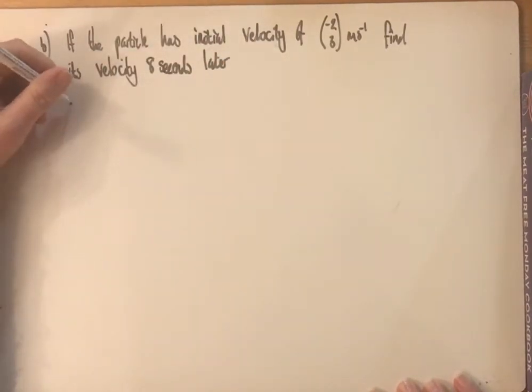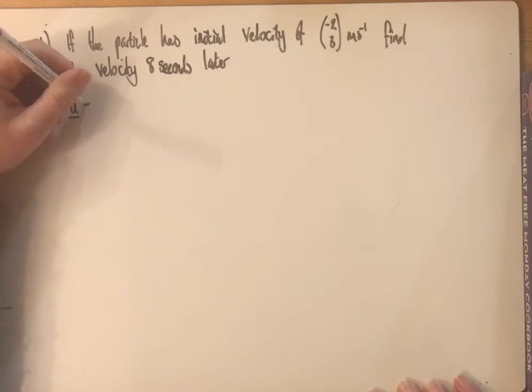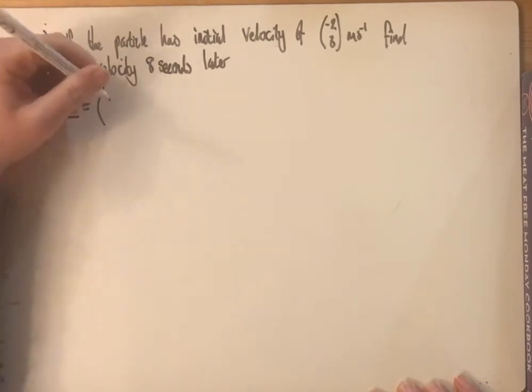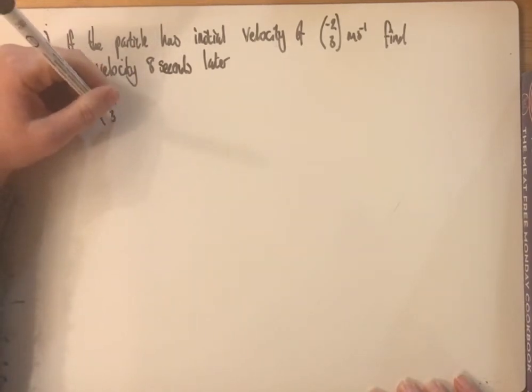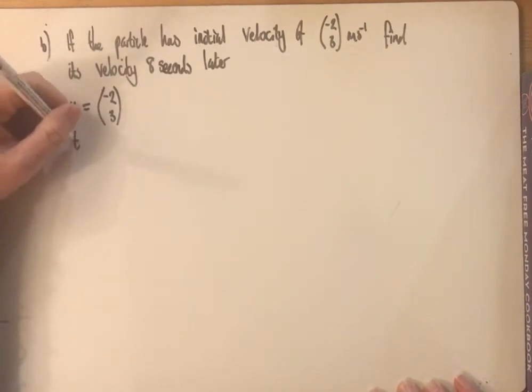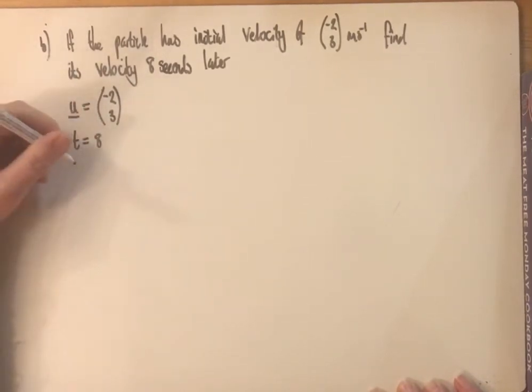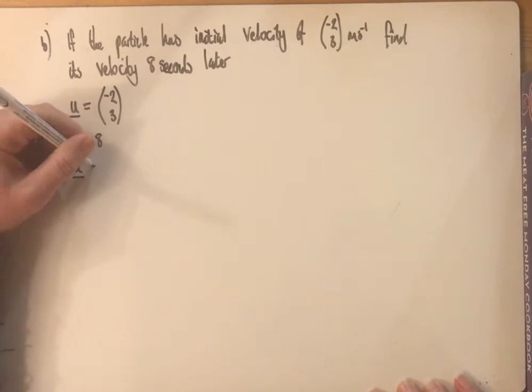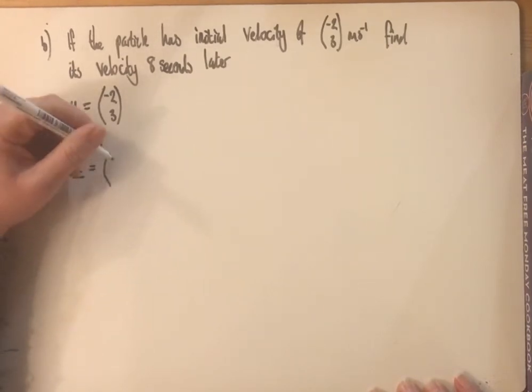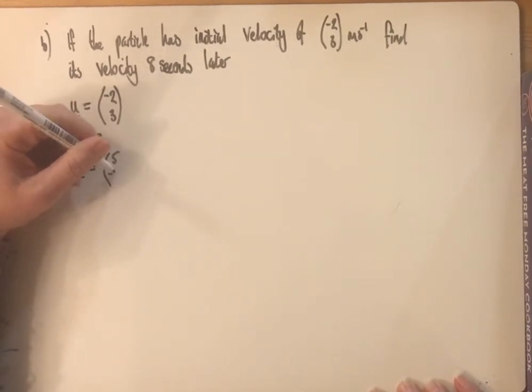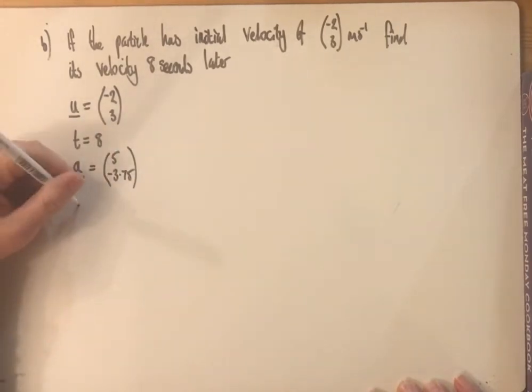So we've got u, but this time we're working with vectors, so u is minus 2.3, that's why I'm underlining it. t is a scalar quantity, time, and we know the acceleration is 5, negative 3.75, and we want v.